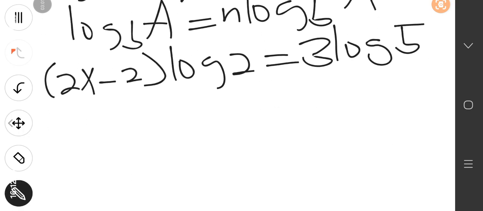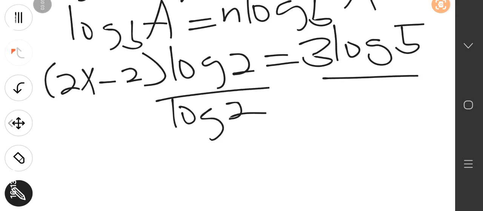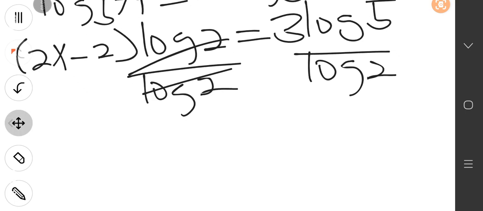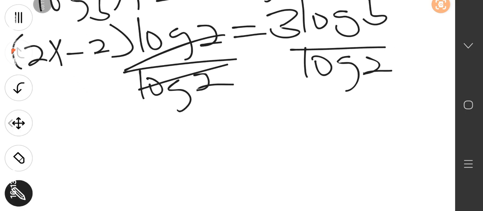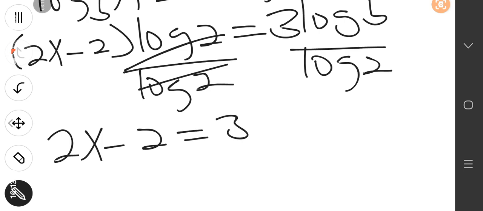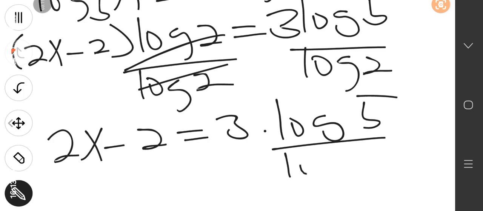Now let's divide here by log 2 and then here by log 2. So this and this will cancel. So you're going to have 2x minus 2 equals 3 times log 5 over log 2.